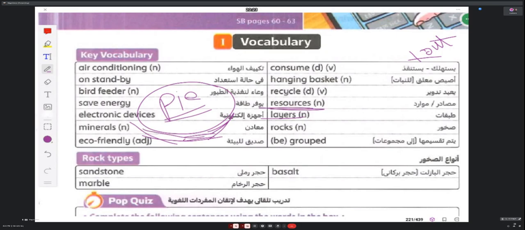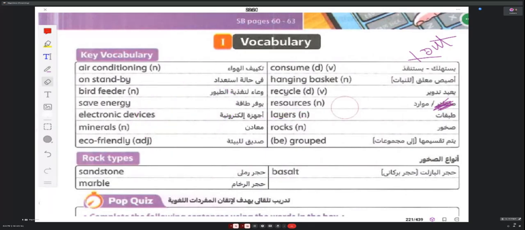Resources means موارد, not مصادر. Resources like water. The Nile is one of the most important resources in Egypt. Minerals, المعادن, the same idea. Petroleum is one of the resources. People themselves are the most important resource.